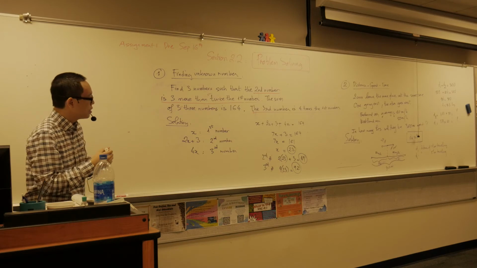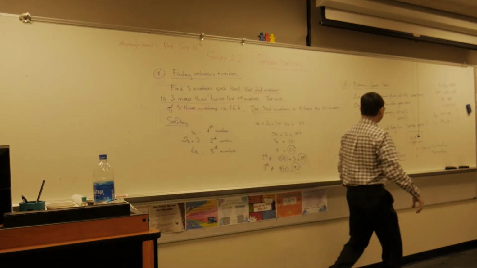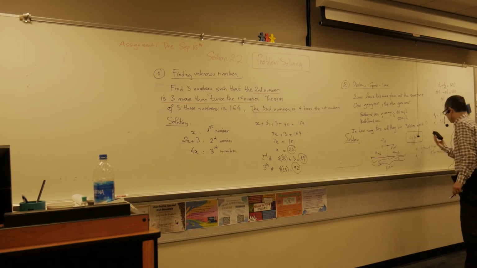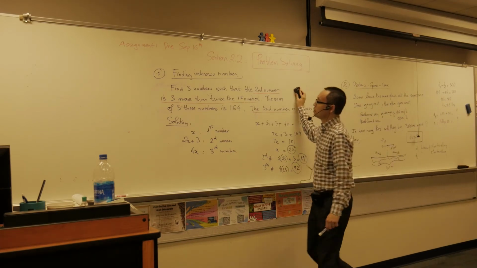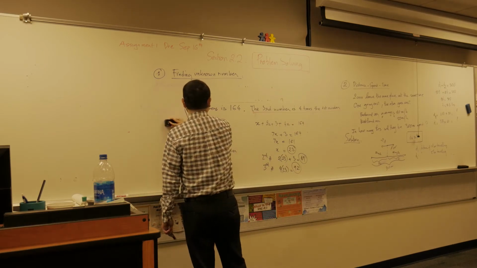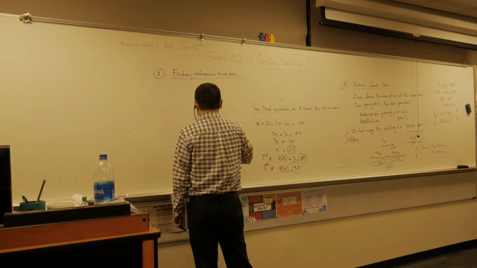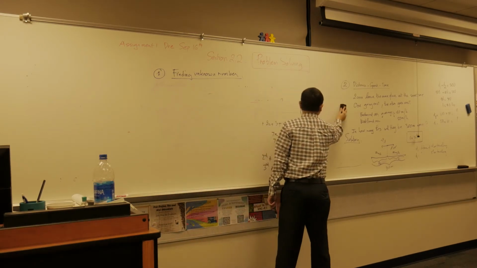I think I'm going to go ahead and erase it because we don't have enough space here. And a third type of word problem is what we call a mixture problem.